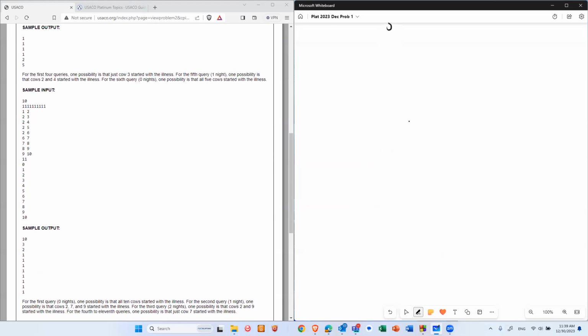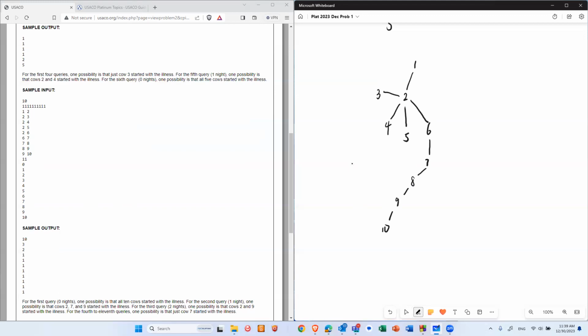It's like this. 1 goes to 2, 2 goes to 3, 4, 5, 6, 6 goes to 7, 7 goes to 8, 8 goes to 9, 9 goes to 10. The same thing, right? If it's the initial night, everything has to be infected.